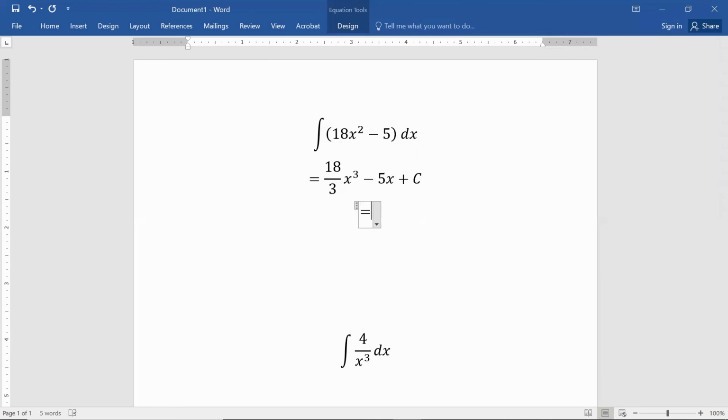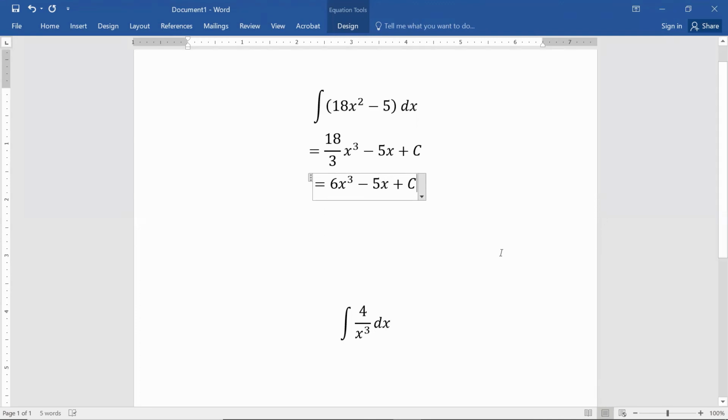I usually clean this up. If 18 over 3 has a nice whole number form, I just give that whole number form. In this case, 18 divided by 3 is 6. So the final answer would have been 6x to the third power minus 5x plus c.